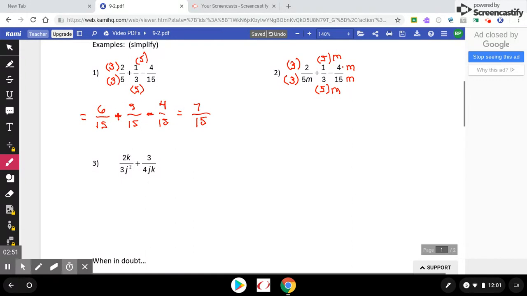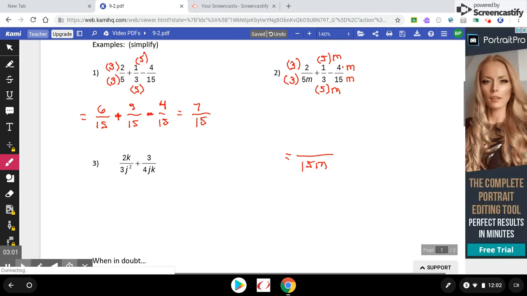Yes, they do. So here's one thing we can do. We already know that we have a 15m on the bottom. That's our common denominator. So he's pretty much done. So I could just go ahead and look at the top here. I'm going to do that. So if I clean up that top, the first one I got a 6, just like the last problem. This time the middle one has the 5, but it also has an m.